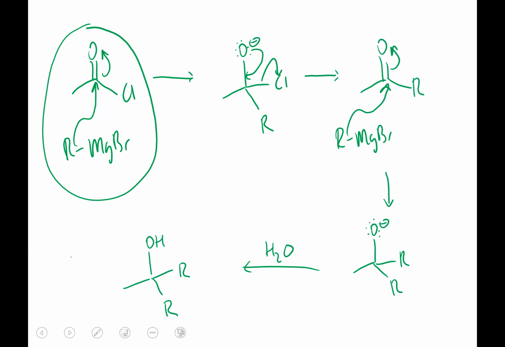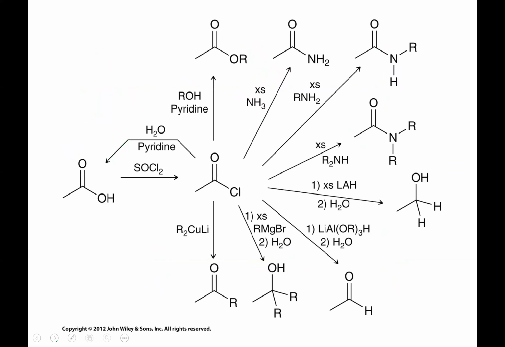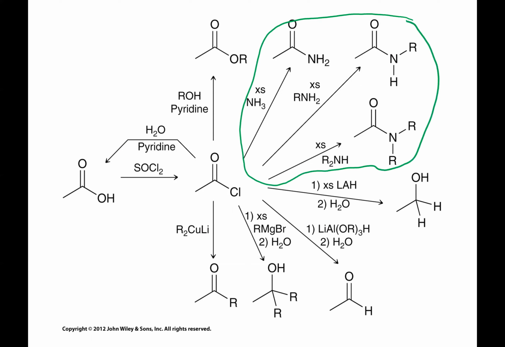So, a summary of these reactions is shown here. This looks like quite a complicated slide, but it's essentially the same reaction repeated. We have our set of three versions to create the amides. We can reduce to give us an alcohol or an aldehyde, and we can add a carbon-based nucleophile, so we can add an alkyl group via Grignard.